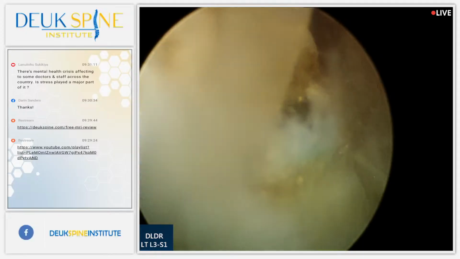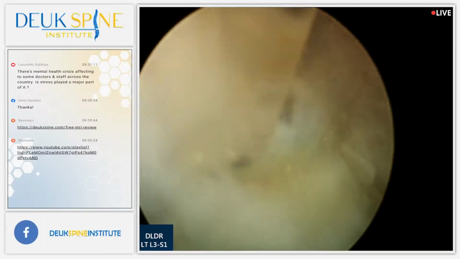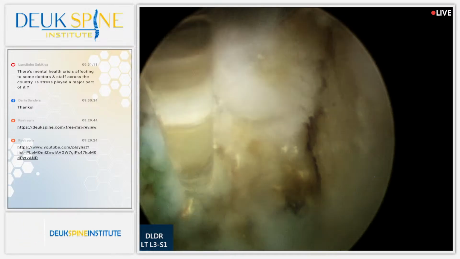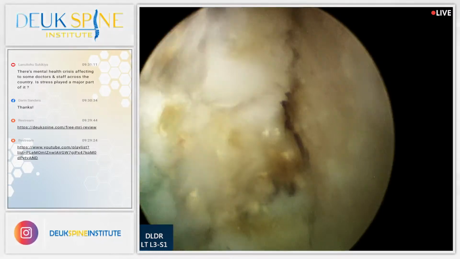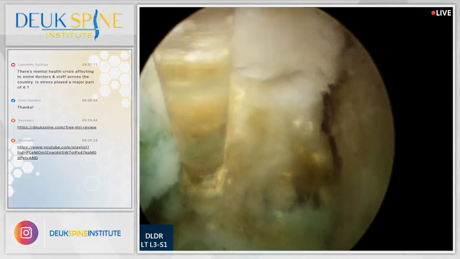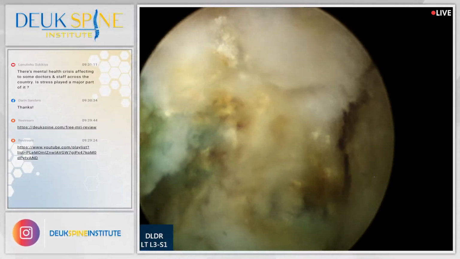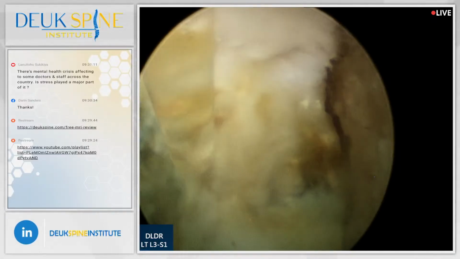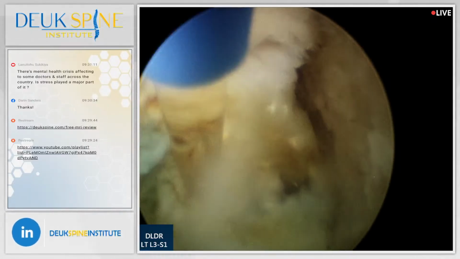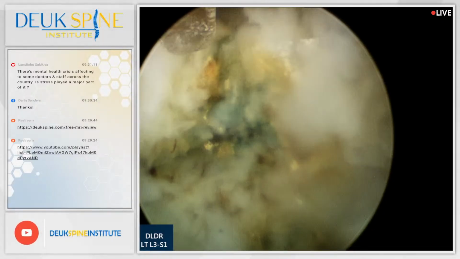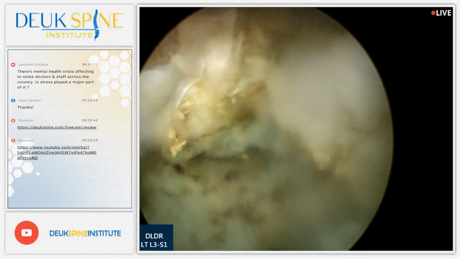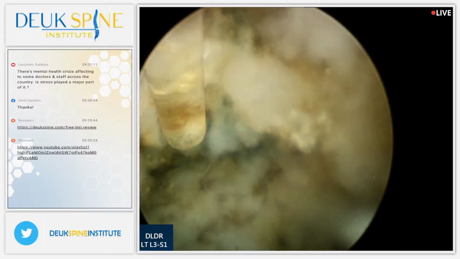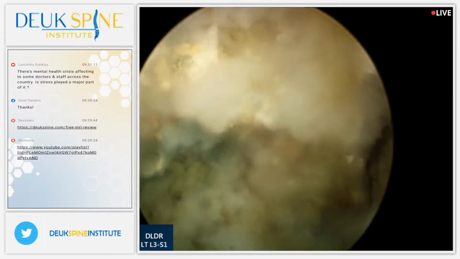I'll tell you this, if the Deuk laser disc repair fails to work on a patient, we would be doing a fusion as the salvage procedure. How many times in the last 20 years of doing Deuk laser disc repair have I had to do the salvage fusion? Luis? None, he says. That's right. Zero. We have never had to do a fusion on a patient that had Deuk laser disc repair because it didn't work.